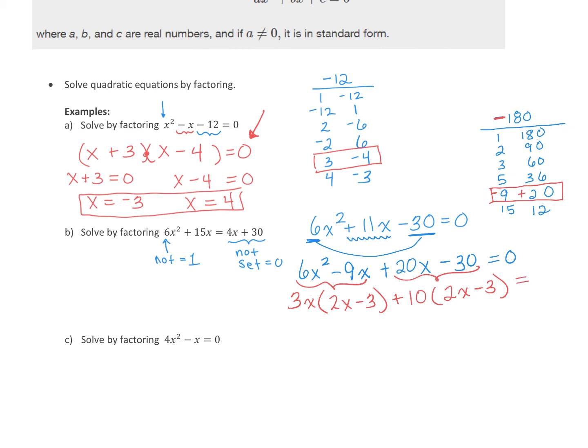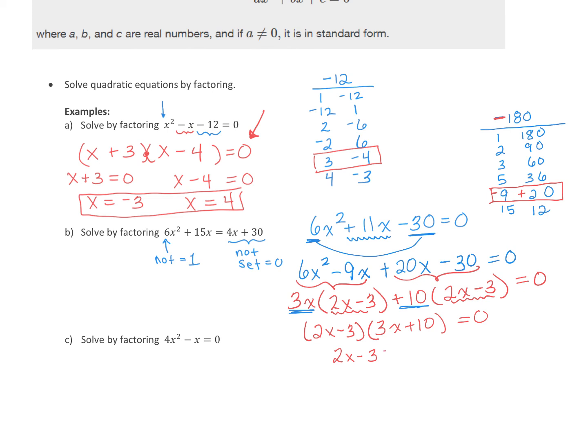Of course, we're still equal to 0. So hopefully you, again, notice that this 2x minus 3 is common to both parts. So we're going to factor that out as a binomial. And we'll be left with (2x - 3)(3x + 10) equals 0. And you can multiply this out to check. But we're at the point now where we want to use the zero product rule.